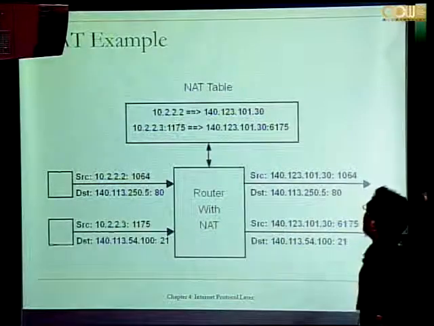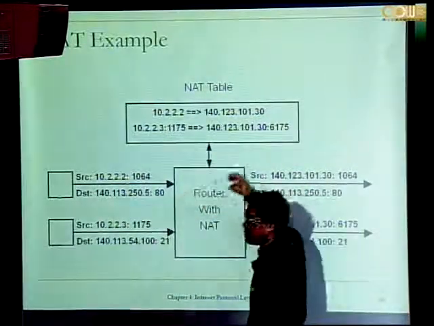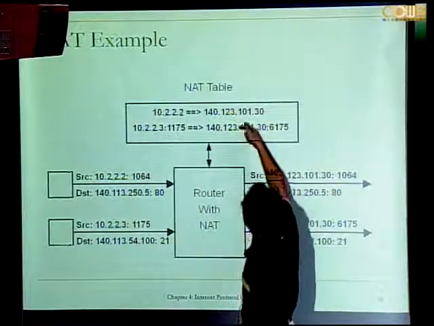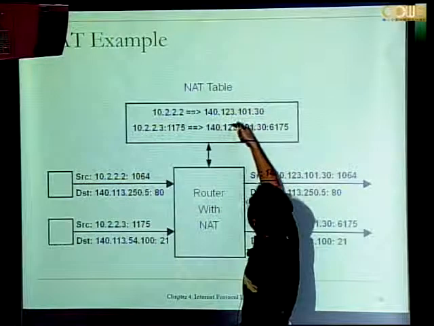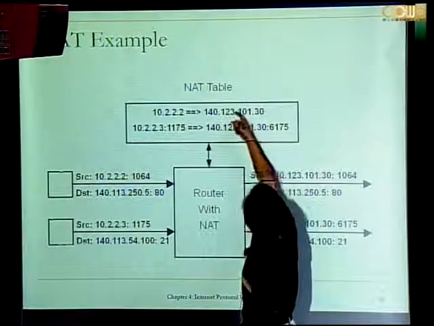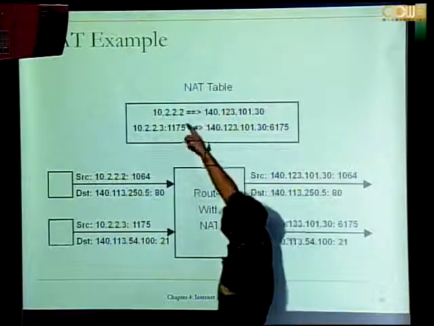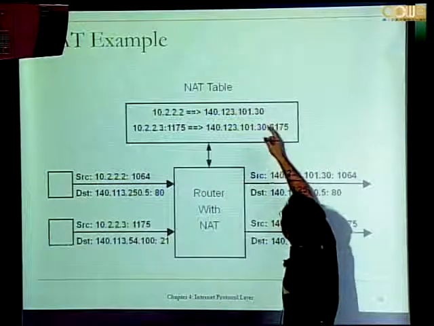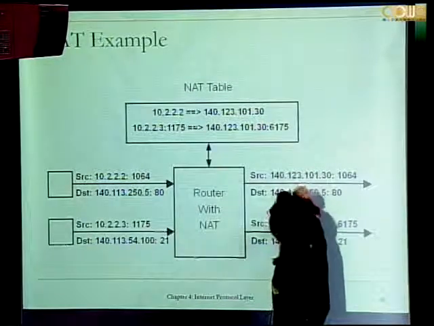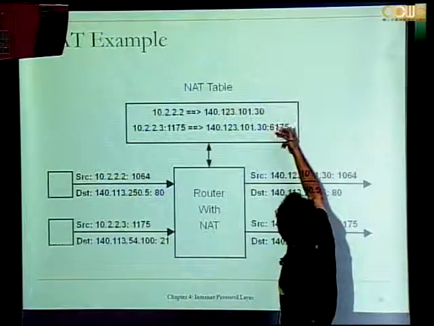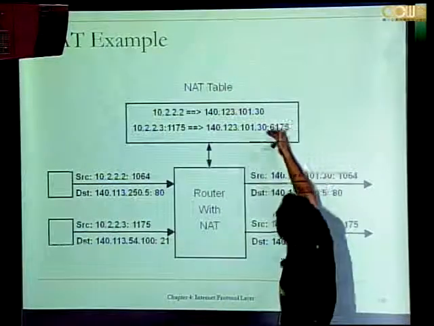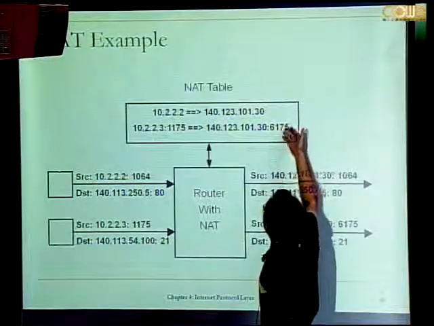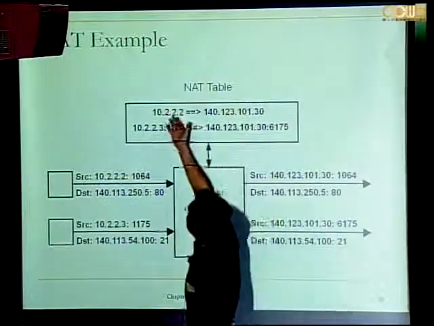If the NAT device has a packet coming in, it would look at this to see, okay, this is a packet destined to this or this. If it's destined to this, then it will be translated into this. But here again, if I have a packet destined to this, I need to check the port number again. If the destination port number is this, then I know I need to translate it back to this. For the others, for the port number other than this, I will translate it into this.